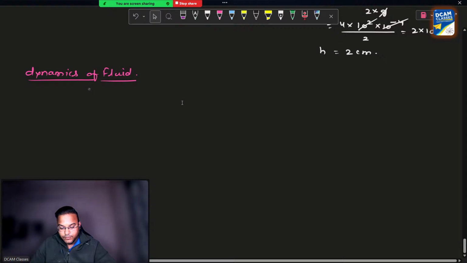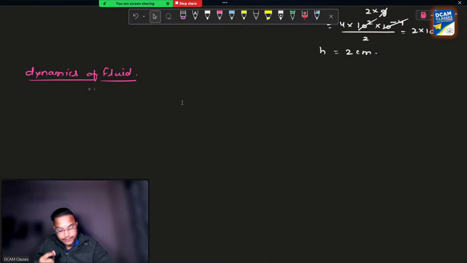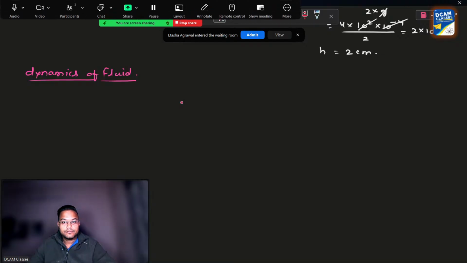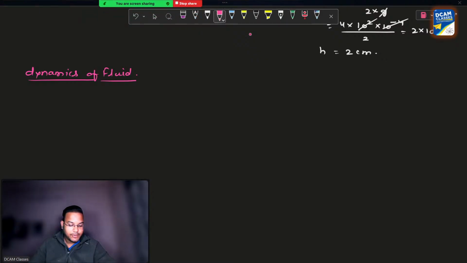Okay. Now, in the dynamics of fluid, dynamics of fluid means motion of fluid. Dynamics of fluids means fluid in motion. And when a fluid is in motion, the fluid in motion is of three different types.